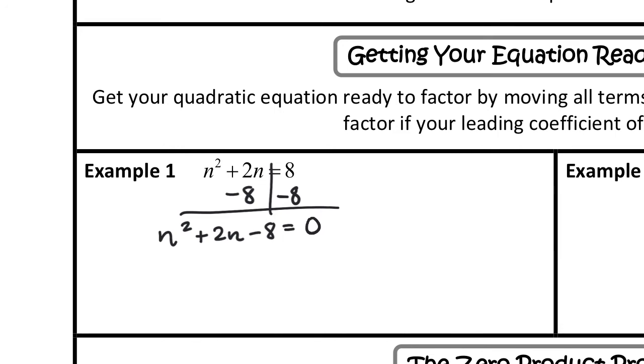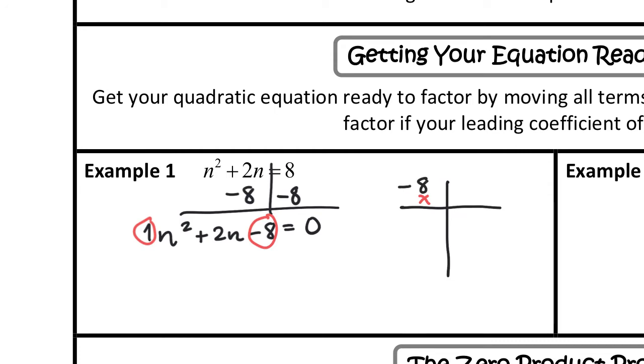And so to factor, we've done factoring last semester, and there's different ways to factor, but in this case, I'm going to use the table method. Remember we're looking for two numbers that multiply, and remember there's a 1 in front here, to give me, what's 1 times negative 8?